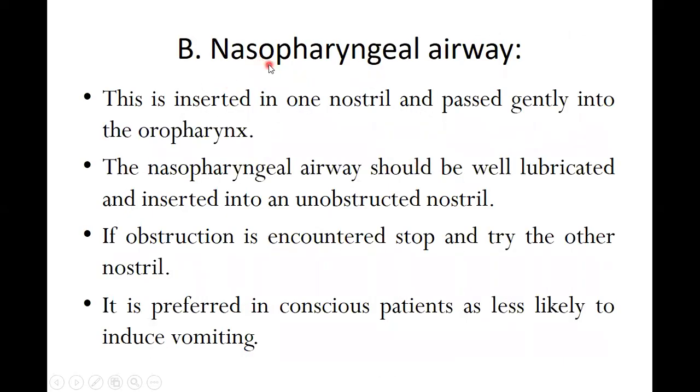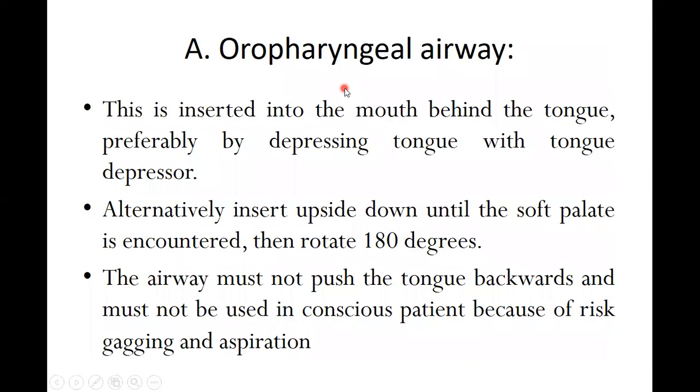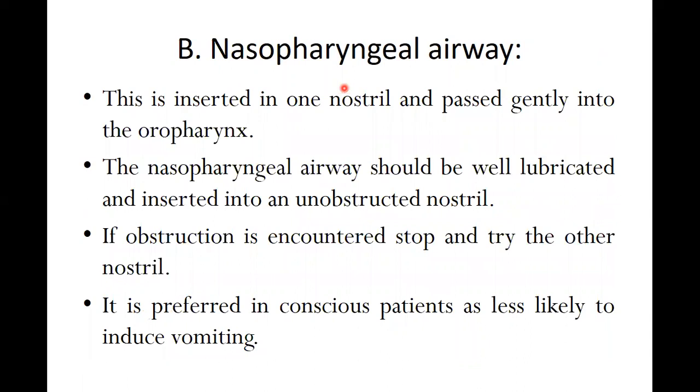Another type of airway adjunct, we are looking at airway adjuncts, remember? So we've talked about the oropharyngeal airway. Another type of airway adjunct is the nasopharyngeal airway, okay? So this one is inserted through the nostrils, and then it is gently passed into the oropharynx.